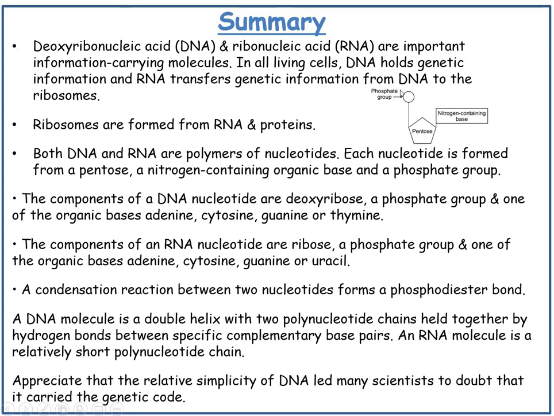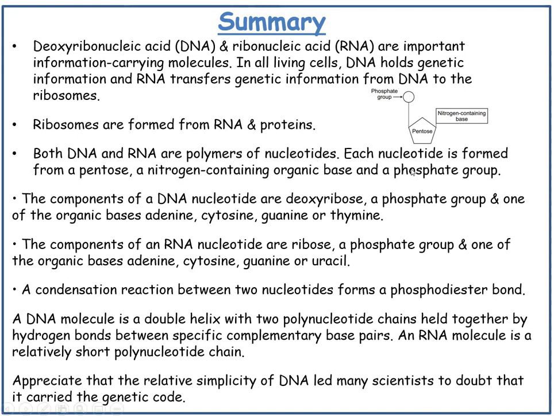The components of a DNA nucleotide are the deoxyribose sugar, phosphate group, and one of the bases, either adenine, cytosine, guanine, or thymine. The components of an RNA nucleotide are ribose, a phosphate group, and one of the organic bases, adenine, cytosine, guanine, or uracil. A condensation reaction between 2 nucleotides forms a phosphodiester bond.